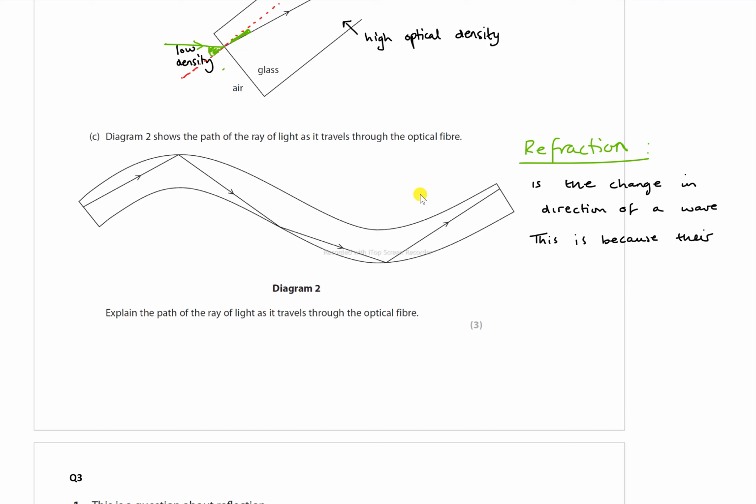This is because there is a change in optical density between the mediums.